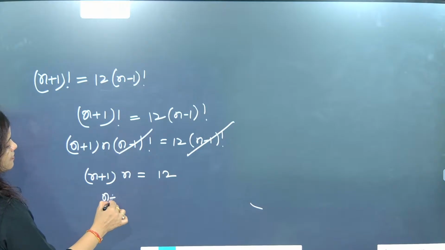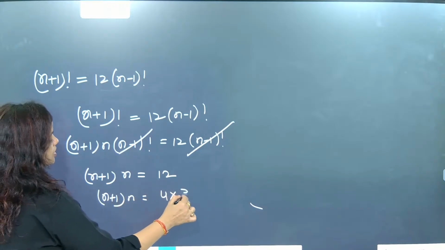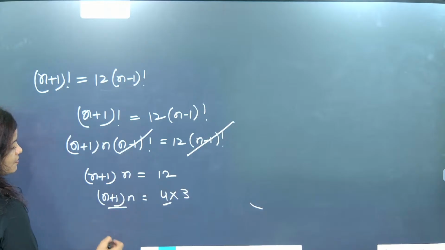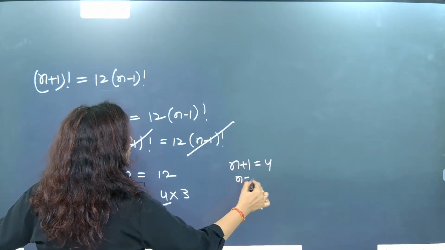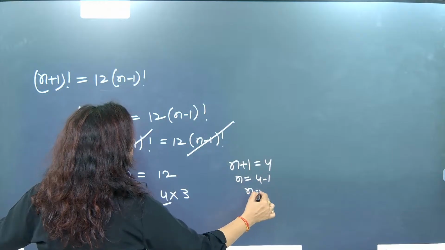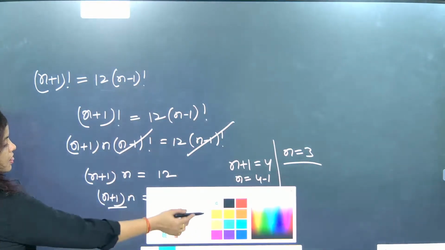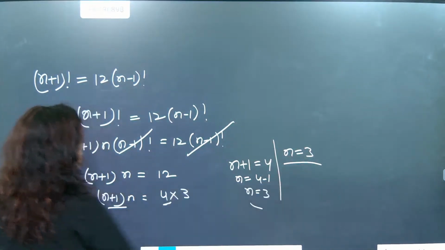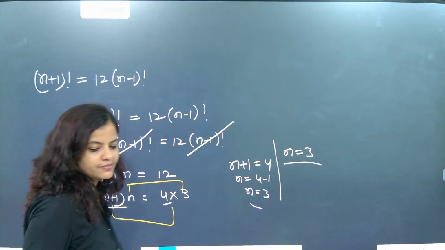So beta, n plus 1 into n, 12 can be written as 4 into 3. So 4 you make it equal to n plus 1. n plus 1 equal to 4, so n is equal to 4 minus 1. n is coming as 3. And then second part n is directly coming as 3. Story over. This section with this section with this, equating the like terms.